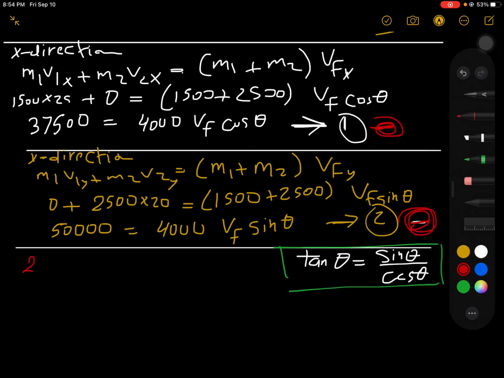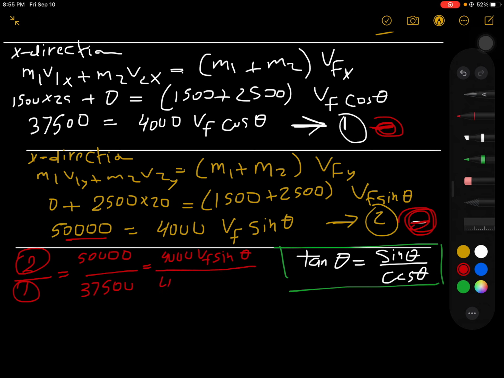Let's say 2 over 1 equals 50,000 over 37,500 equals 4,000 vf sine theta over 4,000 vf cosine theta.